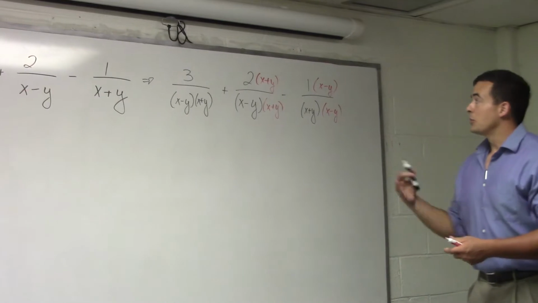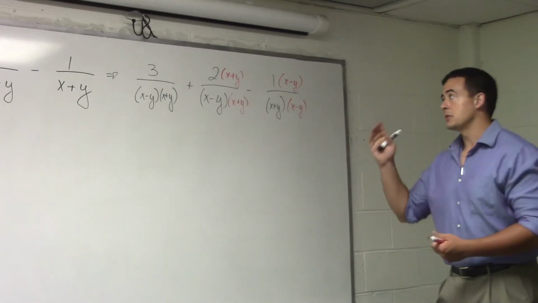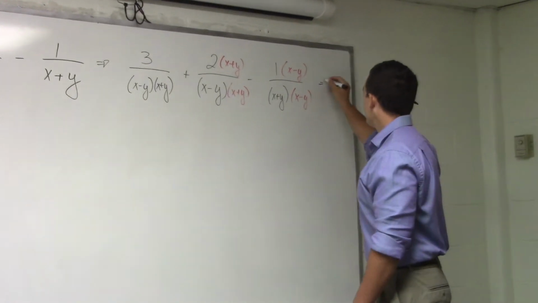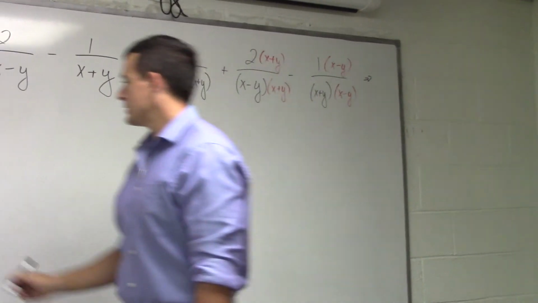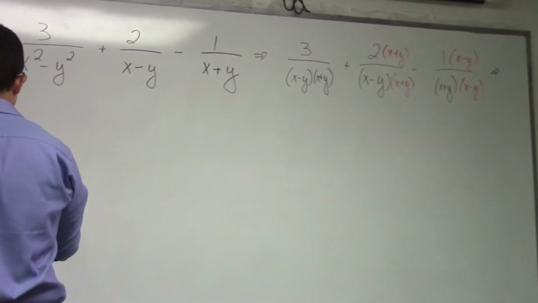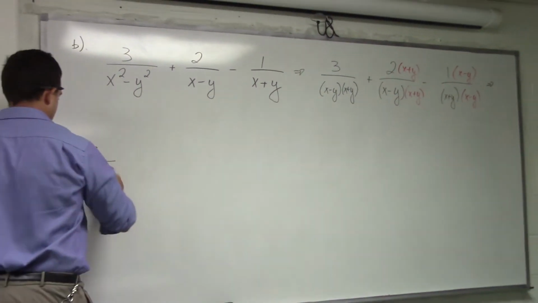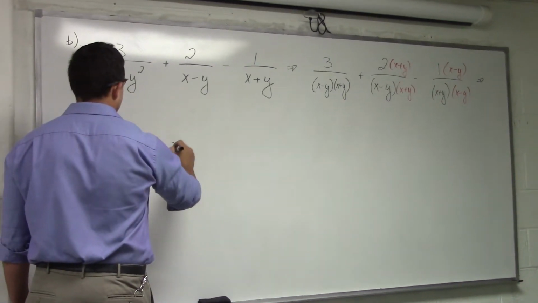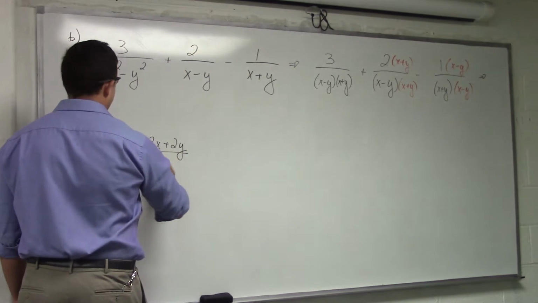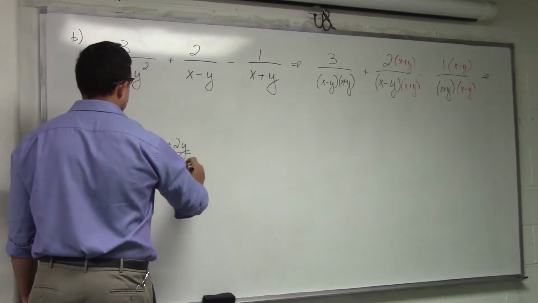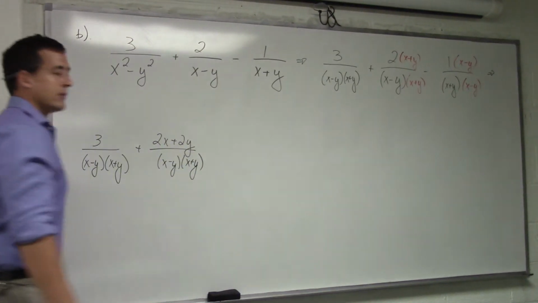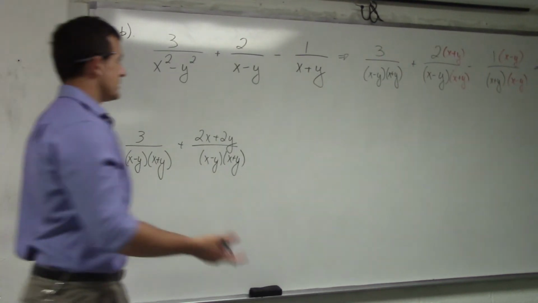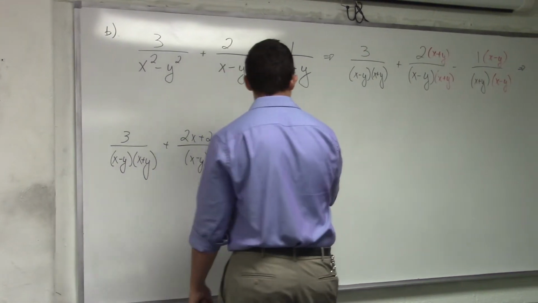And then you have to multiply the tops all together, so that means you have to do it 3 times for this problem because there are 3 separate fractions. Not a lot to say here, so mostly just recopying everything, multiplying through the 2 and then multiplying through the 1.